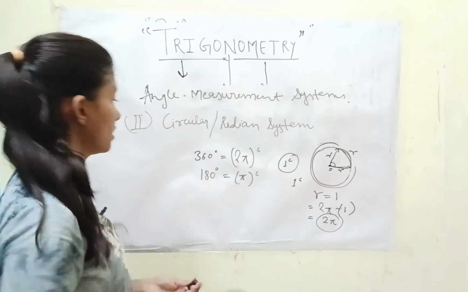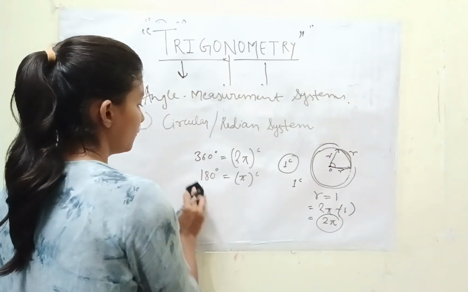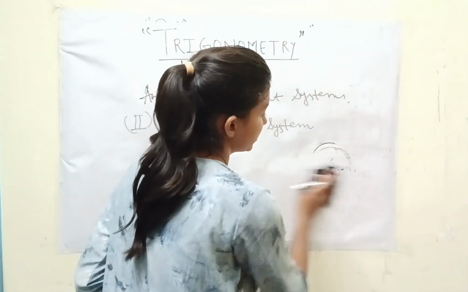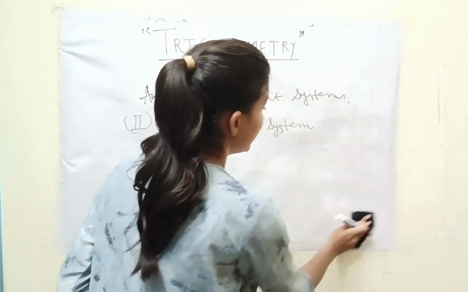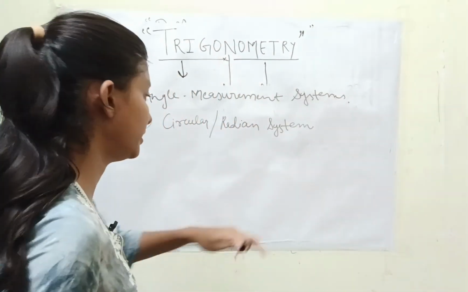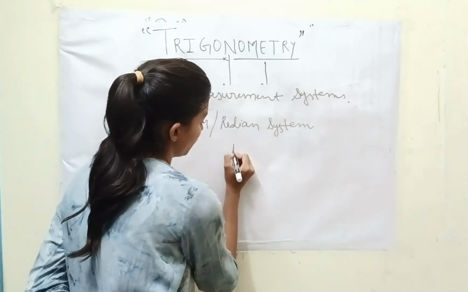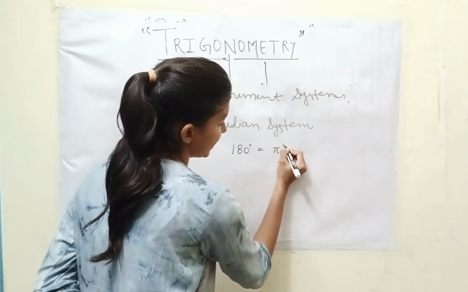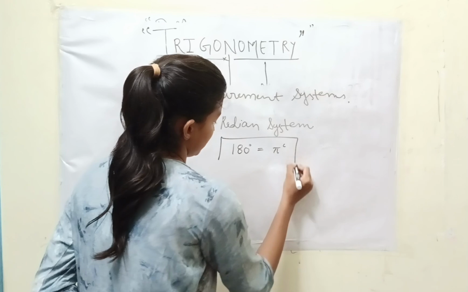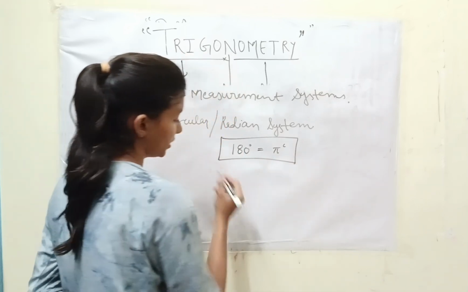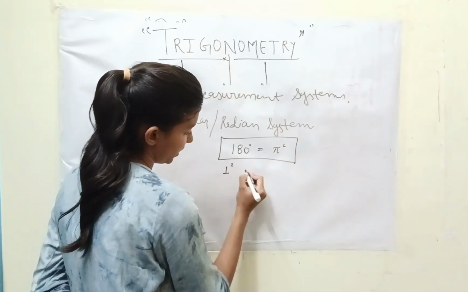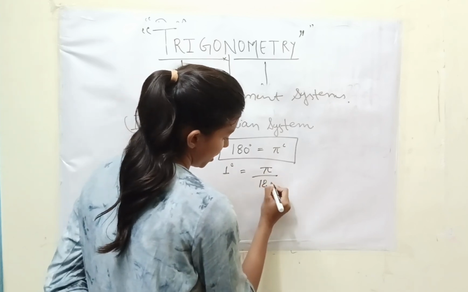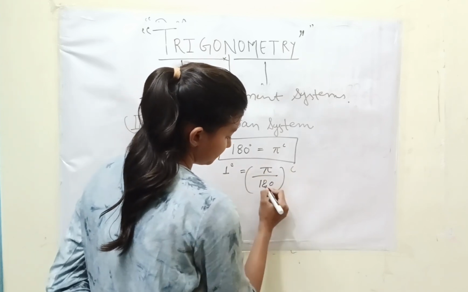Okay. From here we will get one more result to convert radian into degrees or degrees into radian. 180 degrees is equal to pi radian. This is the result we have got, then we can say that 1 degree is equal to pi by 180 radians.